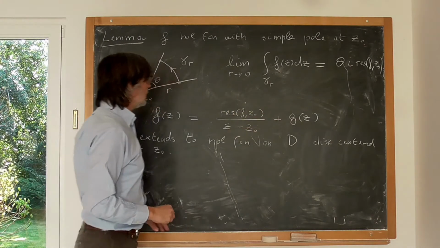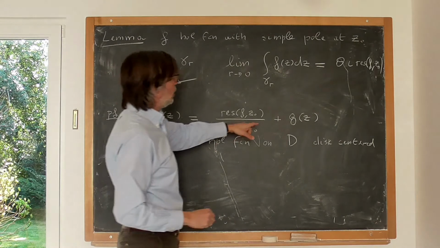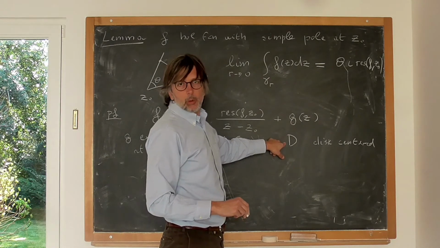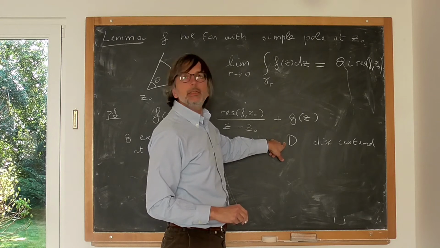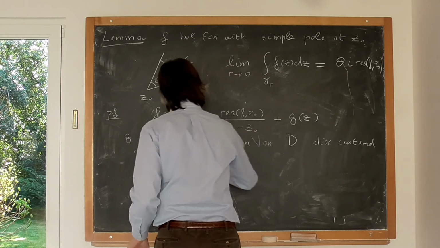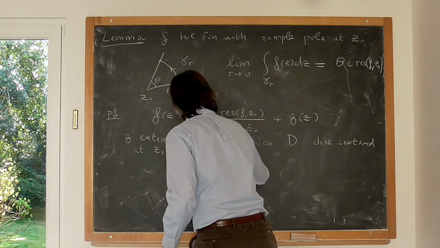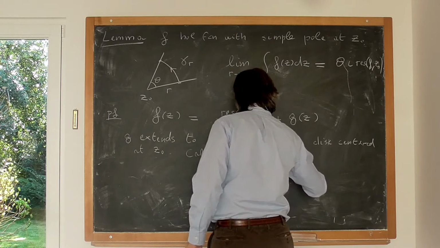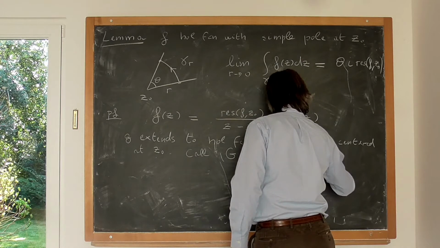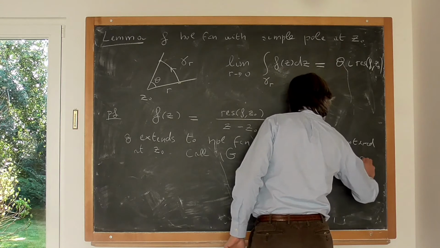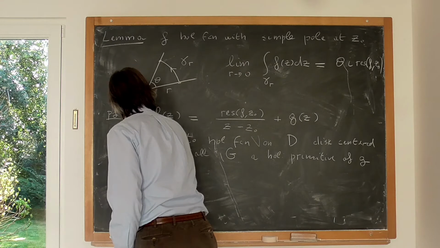Okay, we have this, and then we know that since g is holomorphic on a disk, it admits a primitive, a holomorphic primitive. So call big G a holomorphic primitive of small g on the disk.